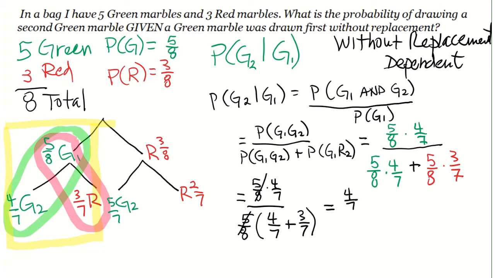That gives me 4/7 on the top. 4/7 plus 3/7 equals 7/7, and that simplifies to 1. So 4/7 divided by 1 equals 4/7, which is what we got previously, and then we saw that that simplifies to 0.5714, which is 57.14%.